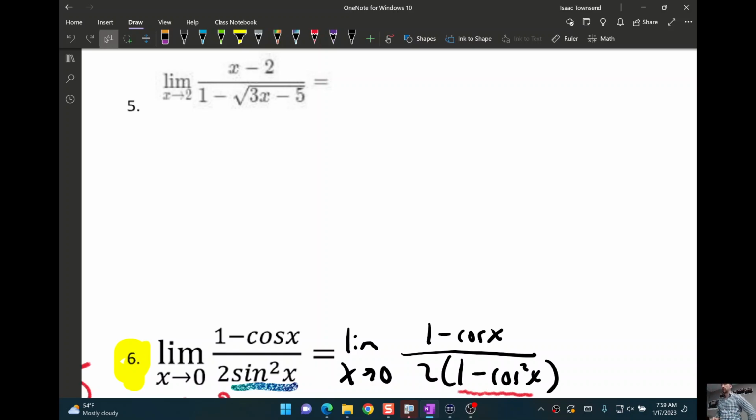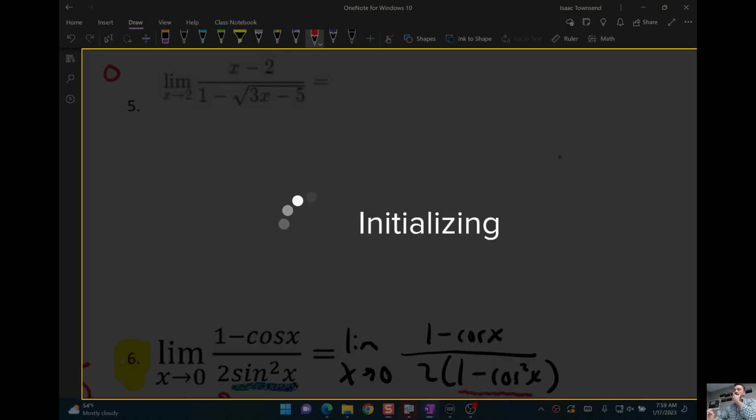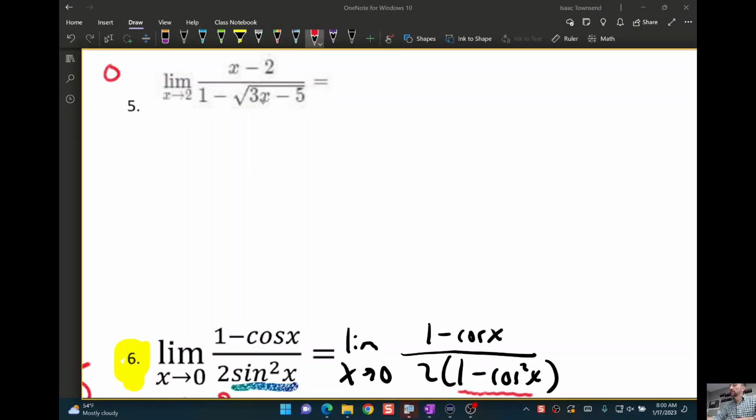Let's see. So plugging in 2 certainly makes the numerator go to 0. Plugging in 2 to the denominator would give me 6 plus 5, also 0. So this one is indeterminate form.